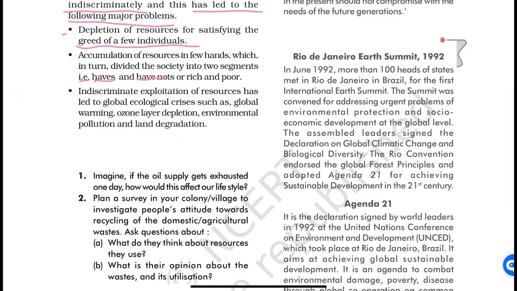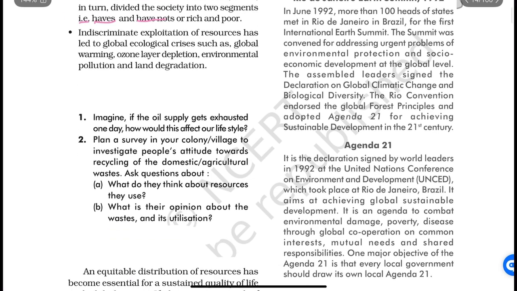Okay, so let's move on. Next point, that is, imagine if the oil supply gets exhausted one day. How would this affect our lifestyle? Oil supply gets exhausted, like petrol, diesel are not supplied for a day.